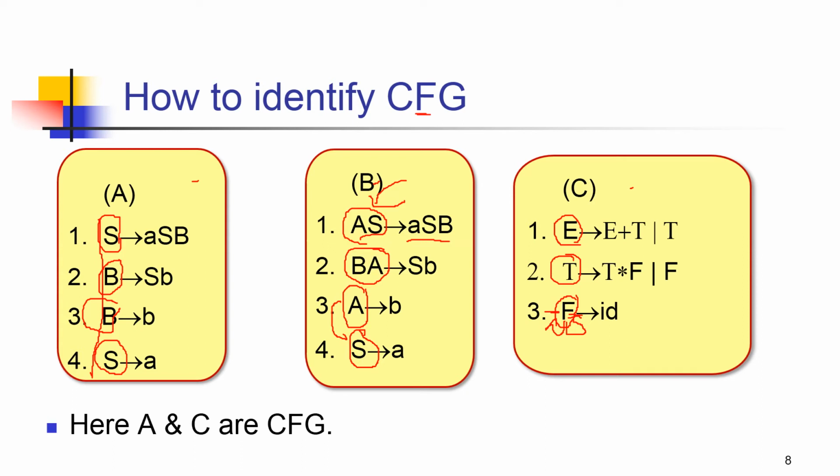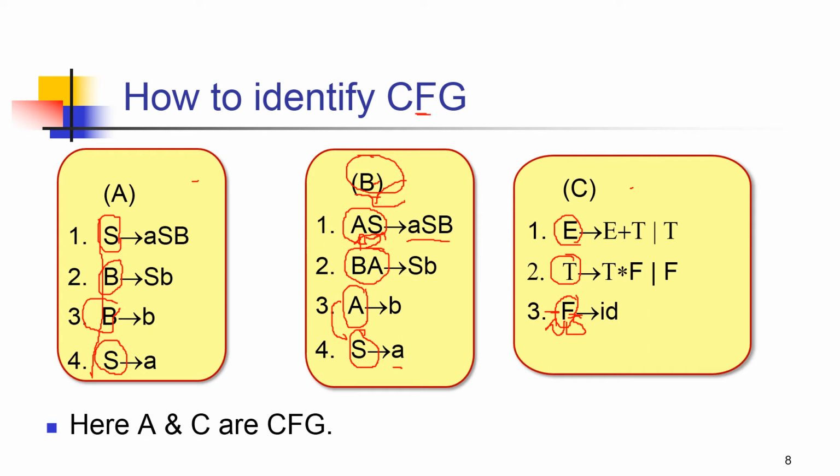Now here, as we can see in the rules of this B example, if I take A as a prime variable, this A variable is right sensitive to the S variable. Hence, it is not free from its right. That's why it is not context free.